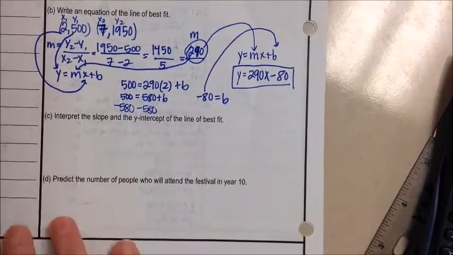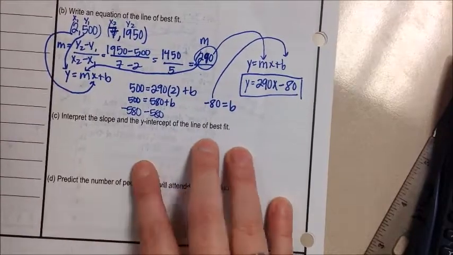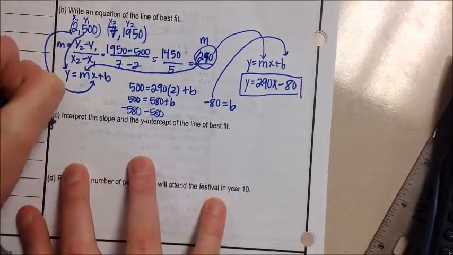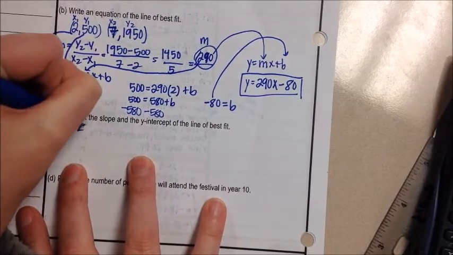Okay. Letter C says interpret the slope and the y-intercept of the line of best fit. Okay, so my slope is 290.